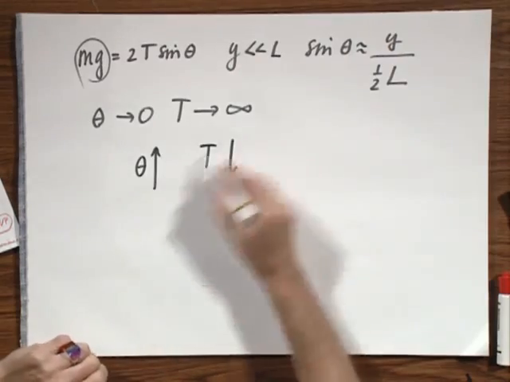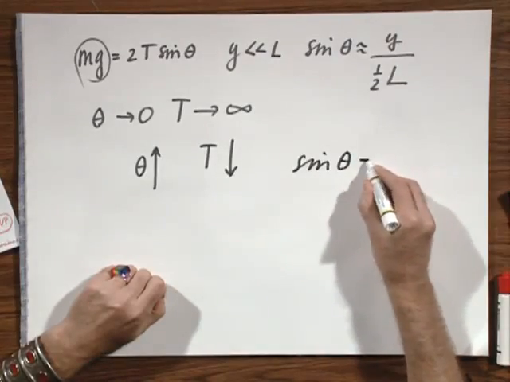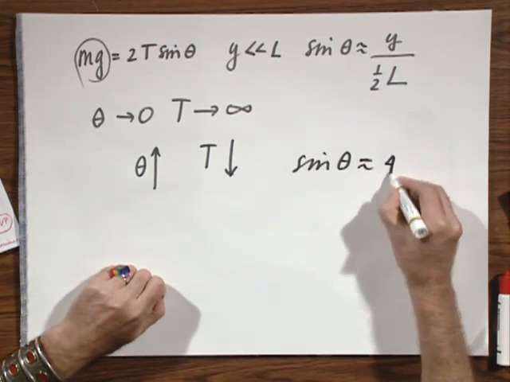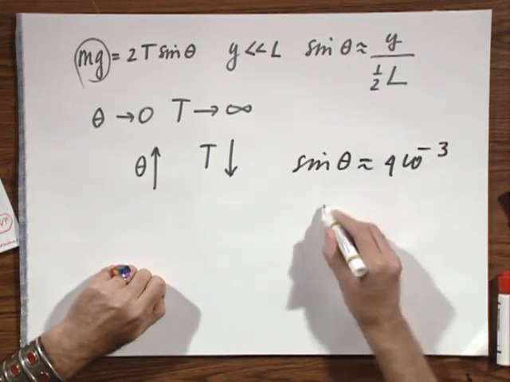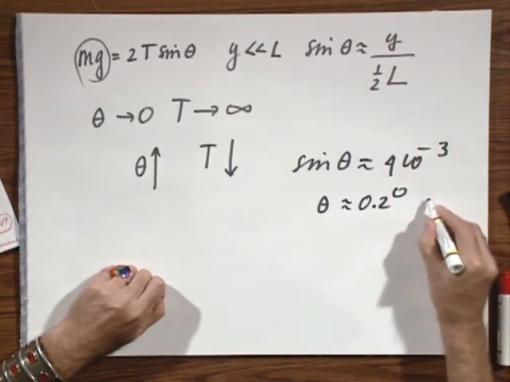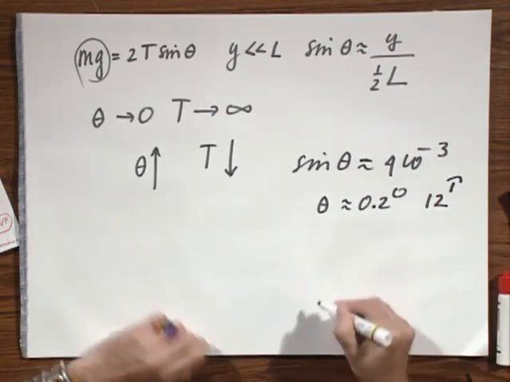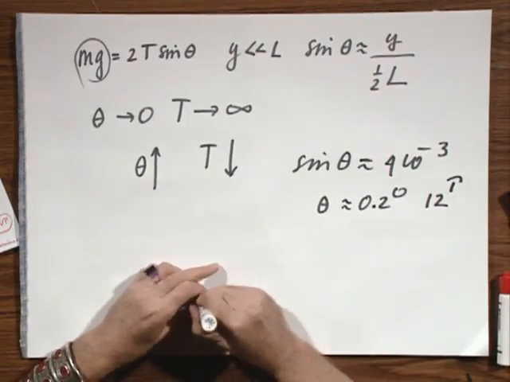And then you have a specific example that the book wants you to work out, which gives you a certain value of L, of Y, and gives you a value of sine theta, which I found to be approximately 4 times 10 to the minus 3, which gives you a theta of about 0.2 degrees, about 12 arc minutes, and that then leads to a certain value of the tension, applying that equation.